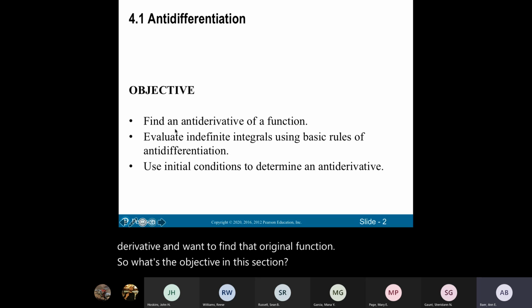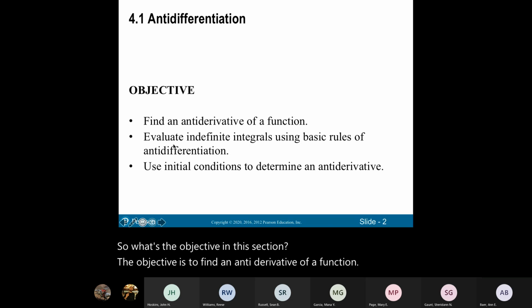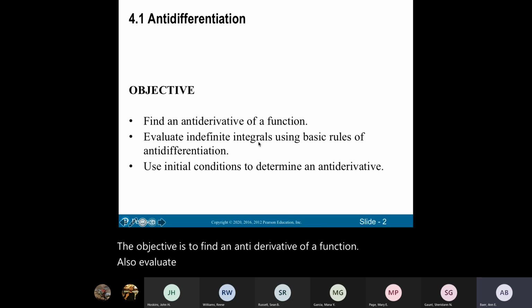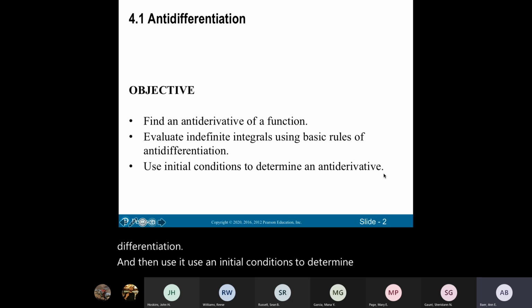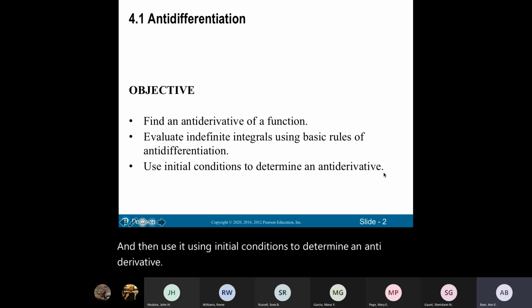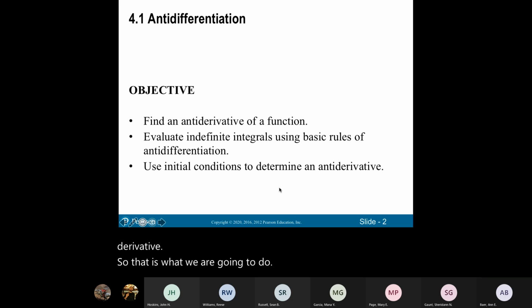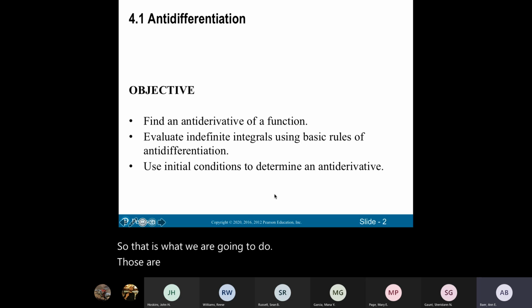The objective is to find an antiderivative of a function, also evaluate indefinite integrals using basic rules of anti-differentiation, and then use initial conditions to determine an antiderivative. Those are our objectives.